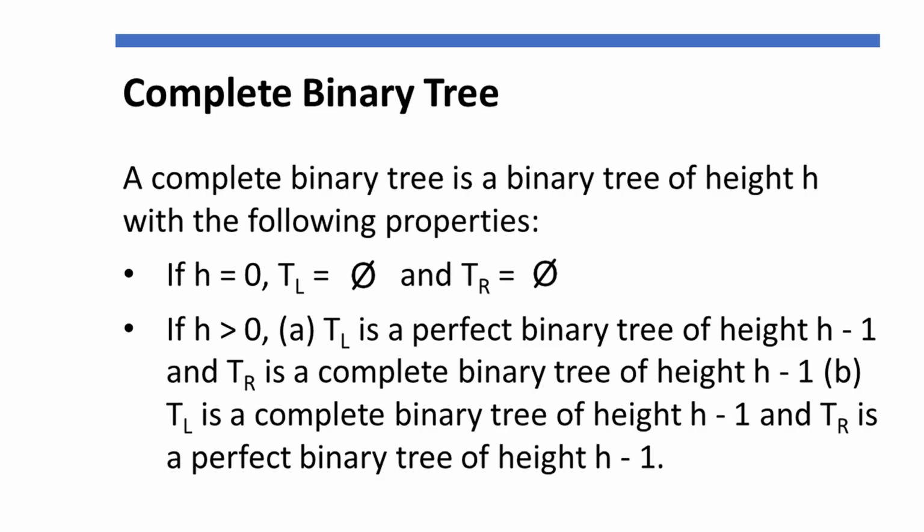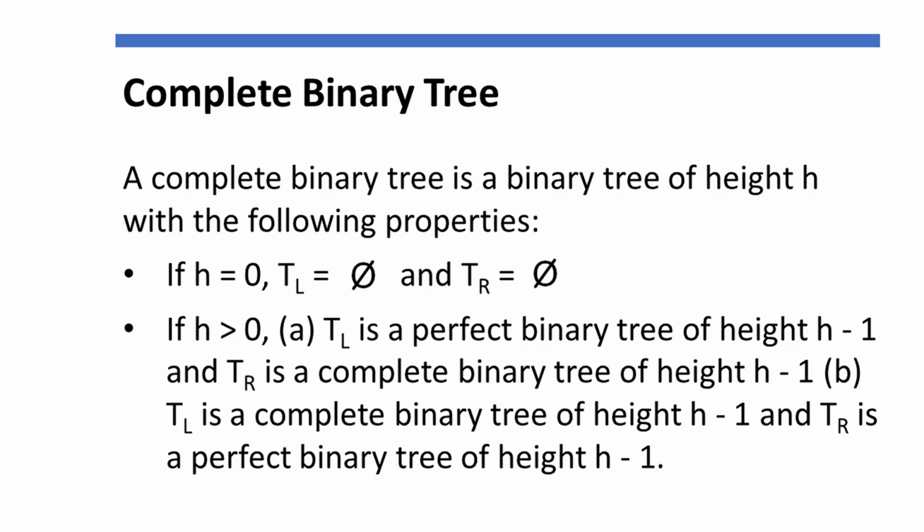If h is greater than 0, either the left subtree, TL, is a perfect binary tree of height h minus 1, and the right subtree, TR, is a complete binary tree of height h minus 1, or the left subtree, TL, is a complete binary tree of height h minus 1, and the right subtree, TR, is a perfect binary tree of height h minus 1.